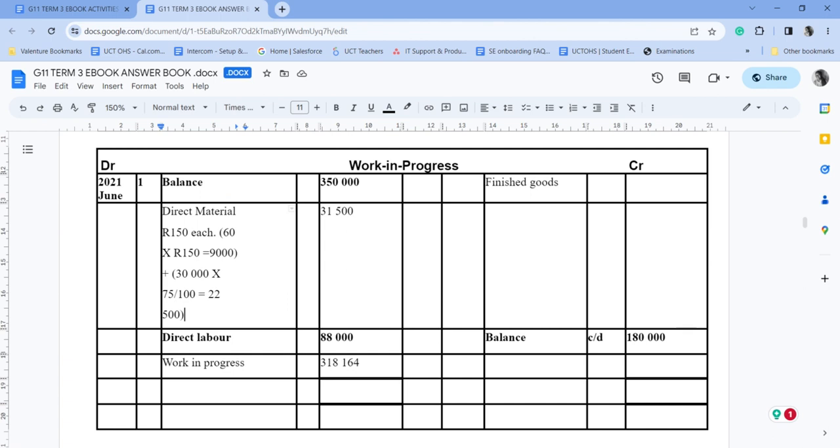This work in progress T account already had an opening balance and a closing balance. It makes things so much easier because now I have my direct material and my work in progress, so I'm in a better position to close off this account. I just have to add my debit side: 350,000 at the top plus 31,500 plus 88,000 that was given for direct labor, plus the 318,164 that I calculated.